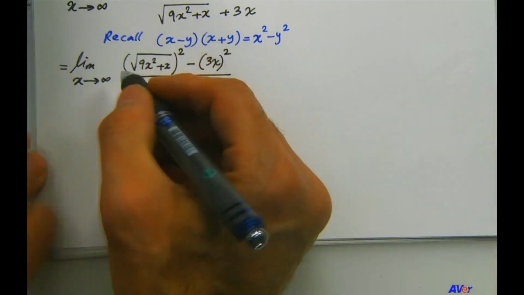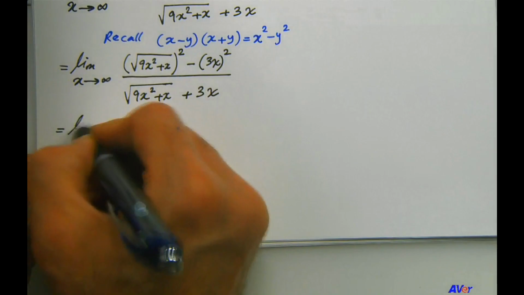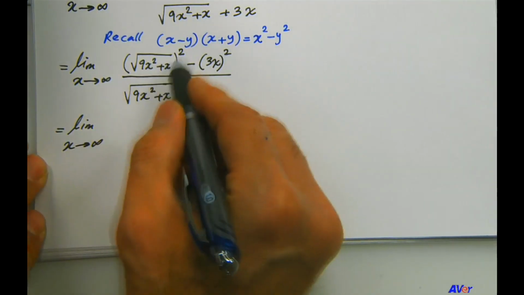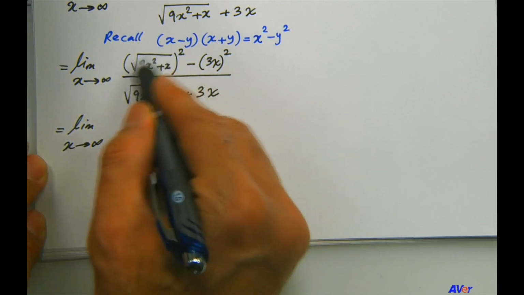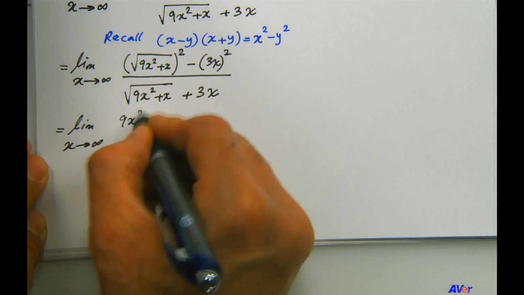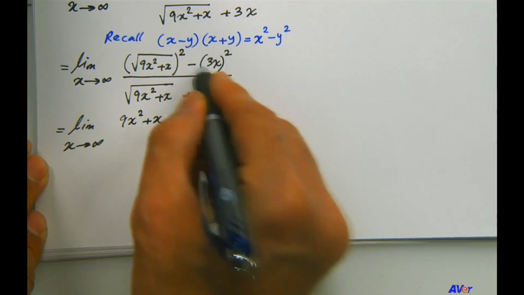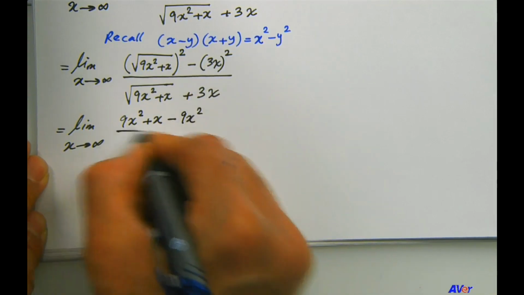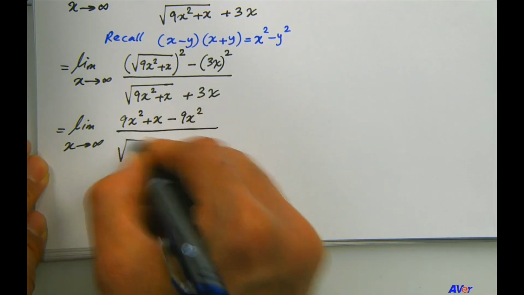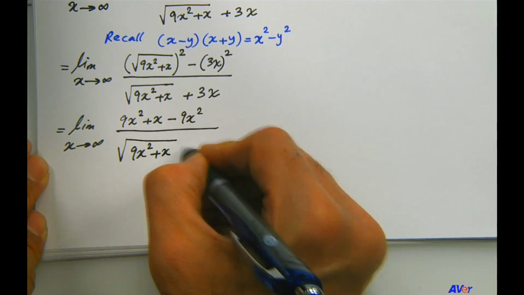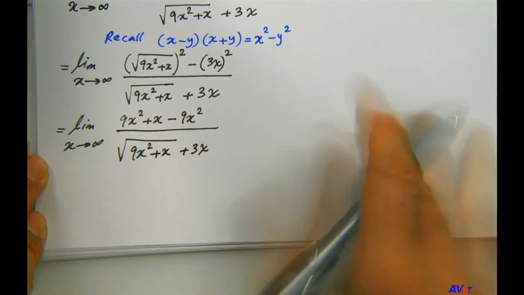All right. So let's simplify this. We have the limit as x goes to infinity. This power will cancel this radical expression. So we get 9x squared plus x. On this side, we get minus 9x squared. All of that divided by the same denominator, square root of 9x squared plus x plus 3x.